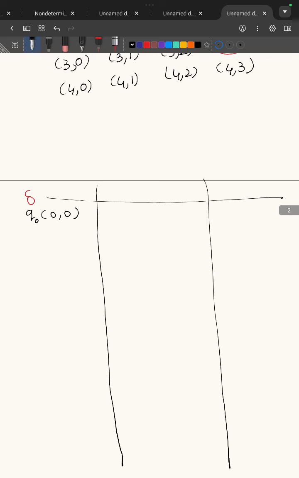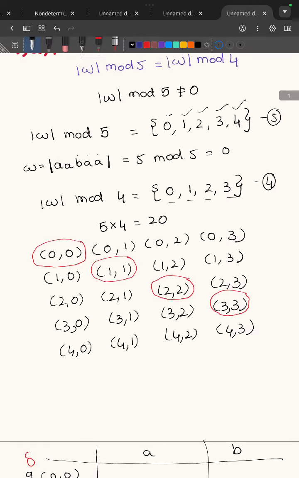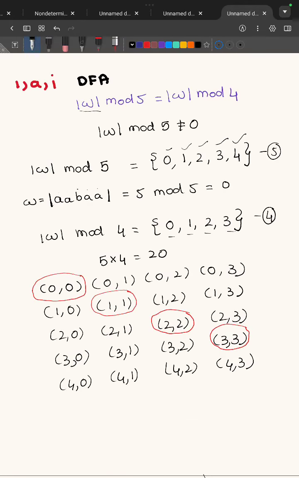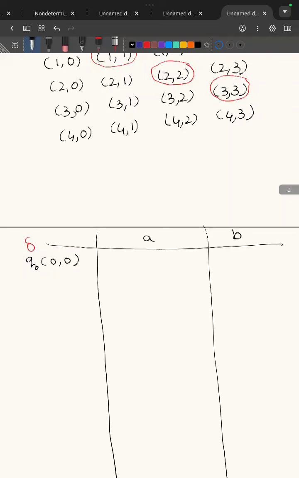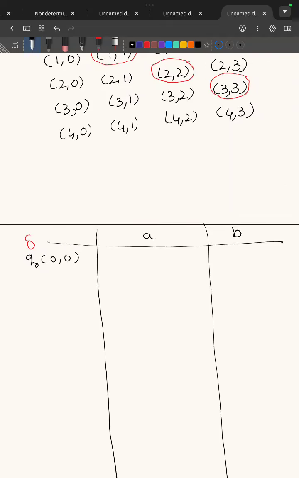Now we have two symbols, A and B. They didn't specify anything about the number of A's and B's to be present. It is a combination of A's and B's. The total length of the string mod 5 and mod 4 should be the same, so you need not worry about A and B. For both A's and B's, the transition will be the same.